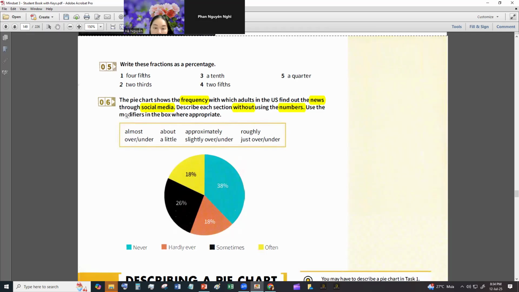You can use the modifiers in the box where appropriate, and you can also use the fractions in exercise 5 if you need to. Okay, so then please describe the frequency with which adults find out the news through social media in the US without using the exact numbers in the pie chart.